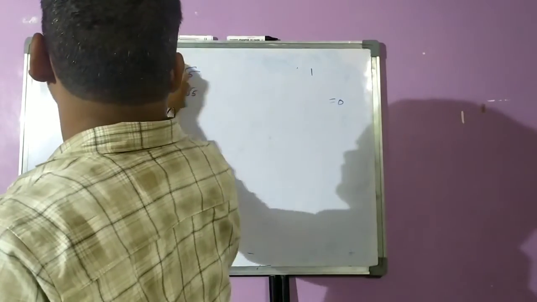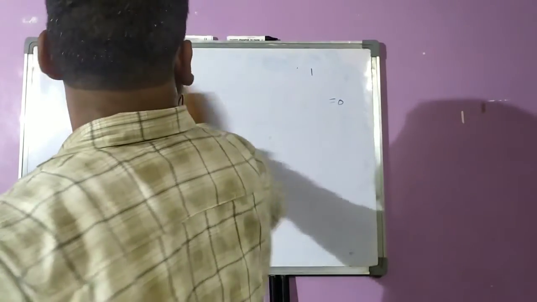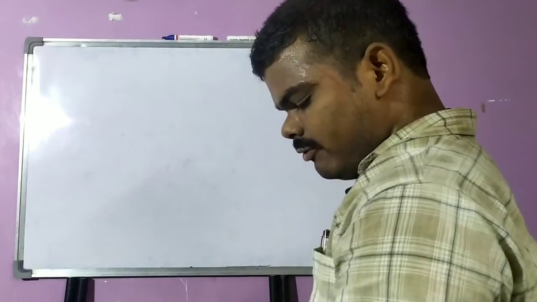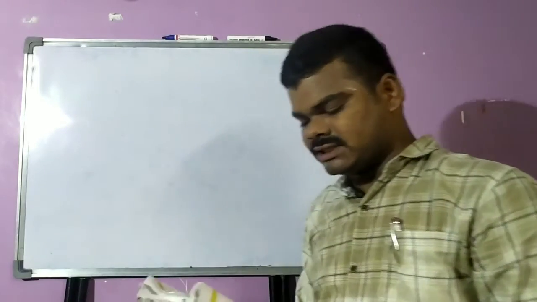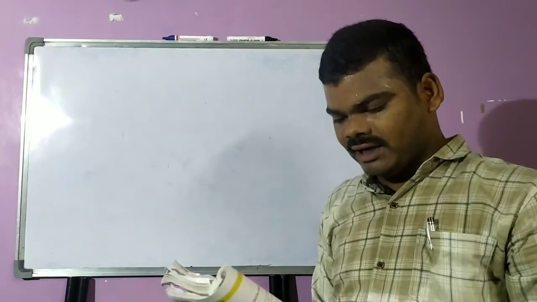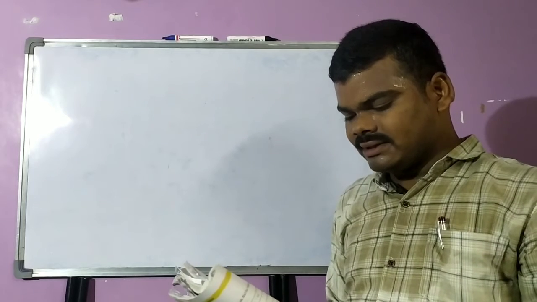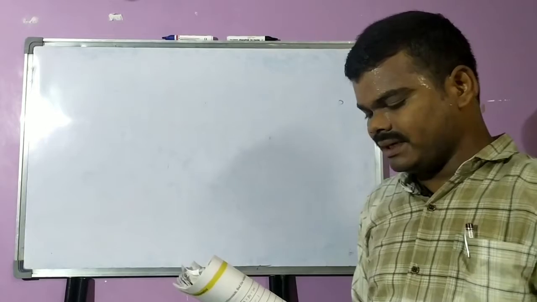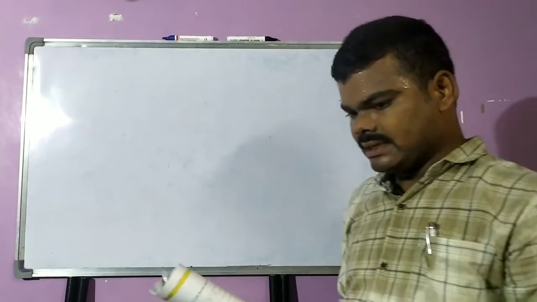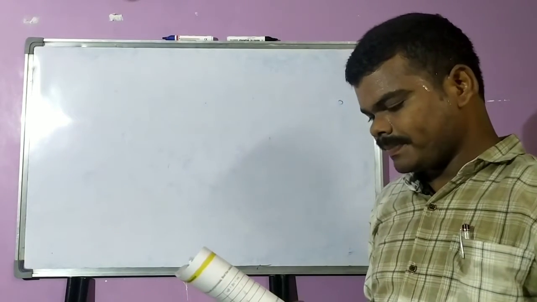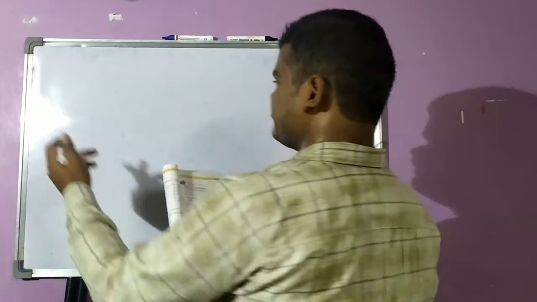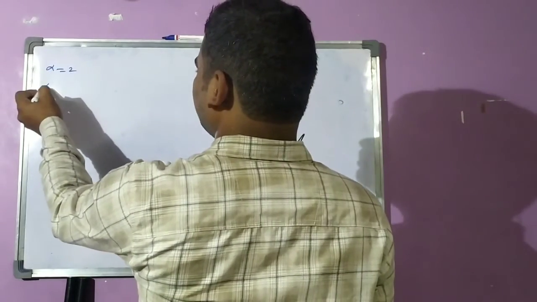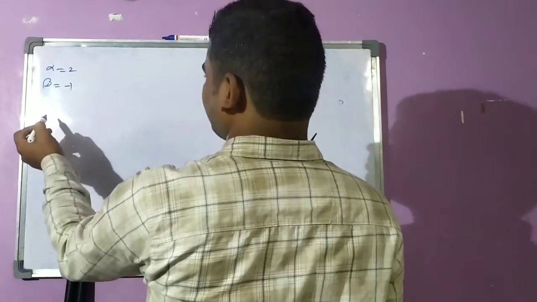And third one. Find the quadratic polynomial for the zeros alpha and beta given in each case. Alpha is equal to 2, beta is equal to minus 1.